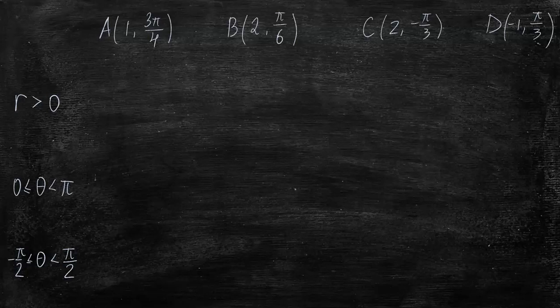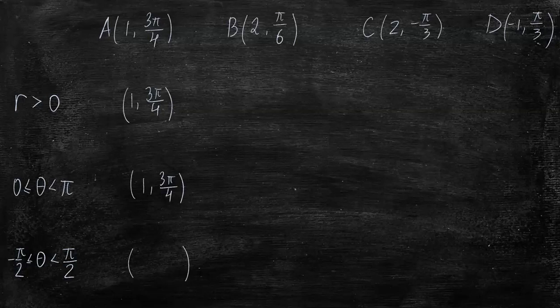So 1, 3 pi over 4: since 1 is already positive, there isn't much you can do here. Also 3 pi over 4 is in this exact interval, so we wouldn't change anything. And now to satisfy this condition, we have to do something to 3 pi over 4. The only thing we can do is add and subtract even and odd numbers of pi's.